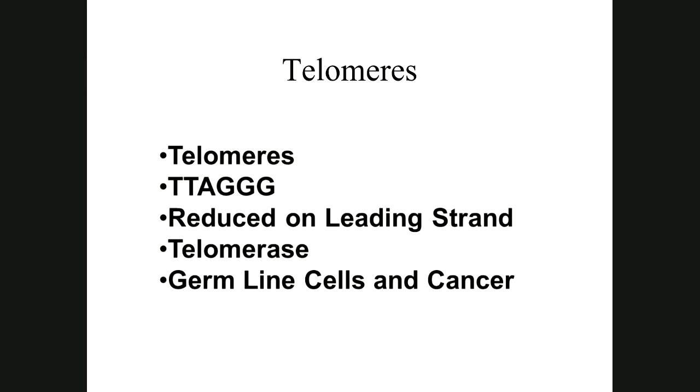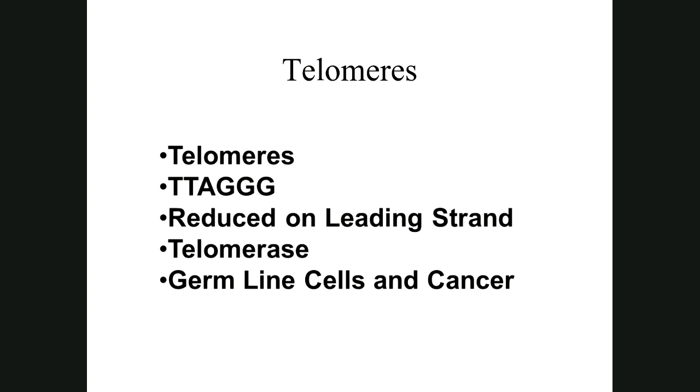Now there's something called telomeres. Telomeres are on the end of a chromosome, and that's what DNA polymerase is going to lock onto when it copies the DNA. That's where it starts, on the end of the chromosome that has the telomeres. Now we're not going to hold you for this sequence here, but just know that DNA polymerase is going to lock onto the telomere, and then it's going to copy the chromosome.